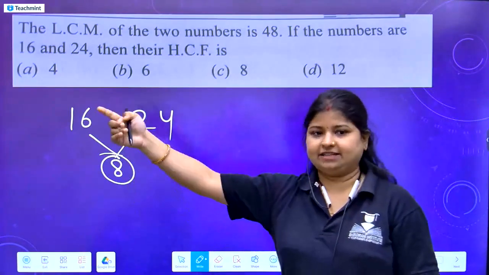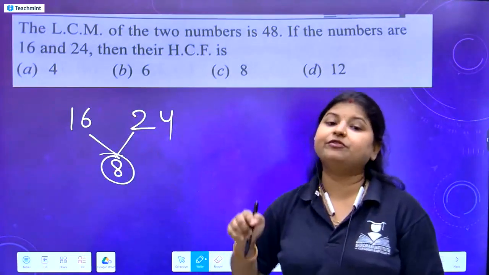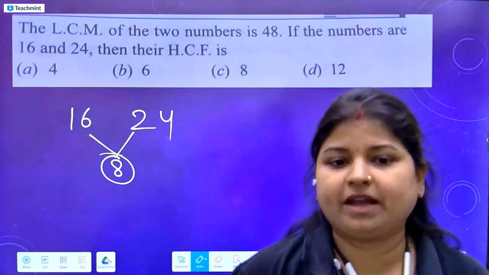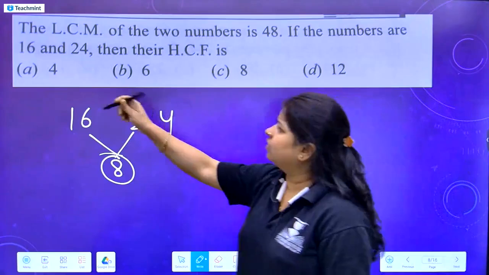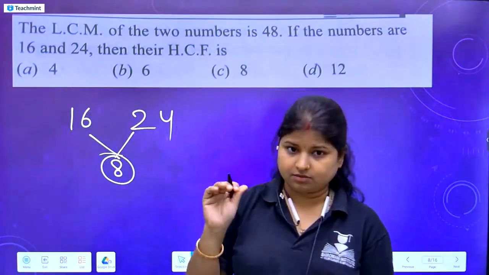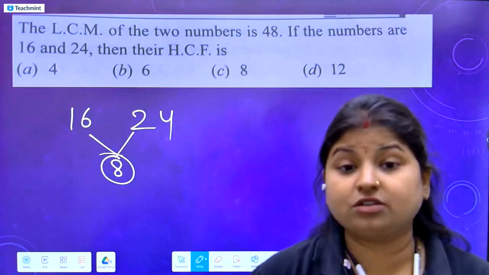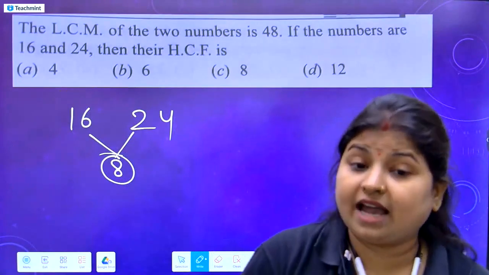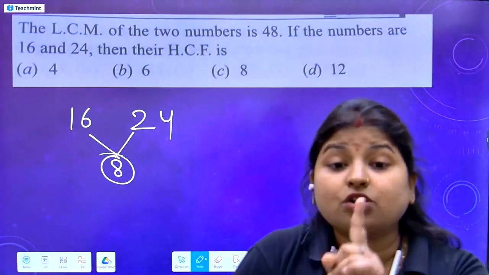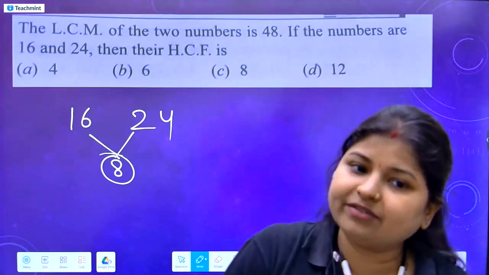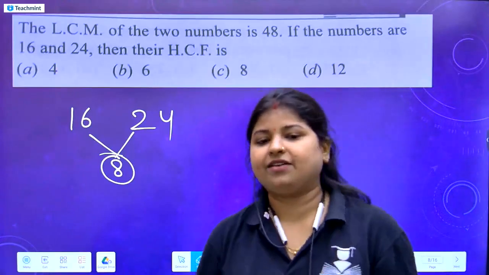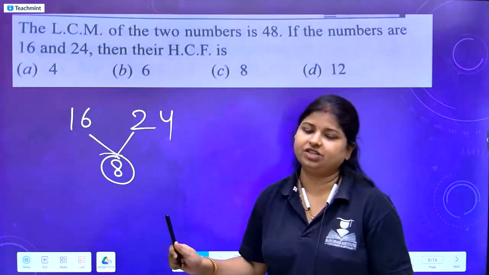And this 8 divides 16 also and 8 divides 24 also. So 8 will be my answer. As simple as that. Ma'am, 4 also. Beta, 4 also divides, but I have to calculate the highest common factor, right? Highest. So 8 is greater than 4. That's why I will take 8, beta, Ajish.